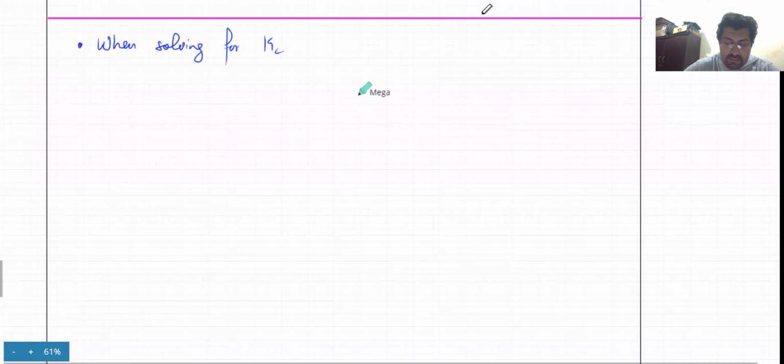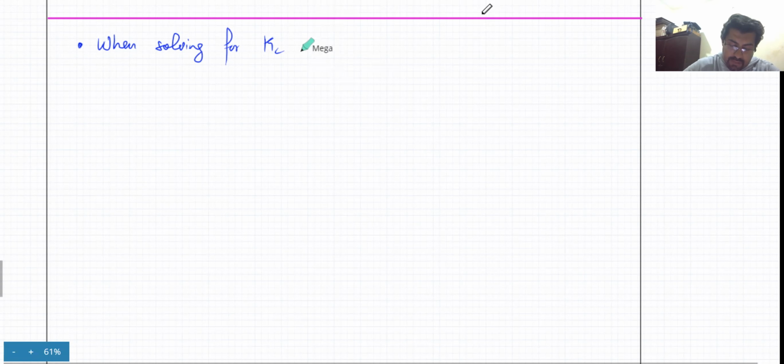Now, Kc is only applicable if the reaction is at equilibrium. Because if the rate of forward reaction and the rate of backward reaction are not equal, that means the concentration of the products and the concentration of the reactants is changing. If the forward reaction is faster compared to the backward, then obviously the product's concentration is not constant. It's constantly increasing.